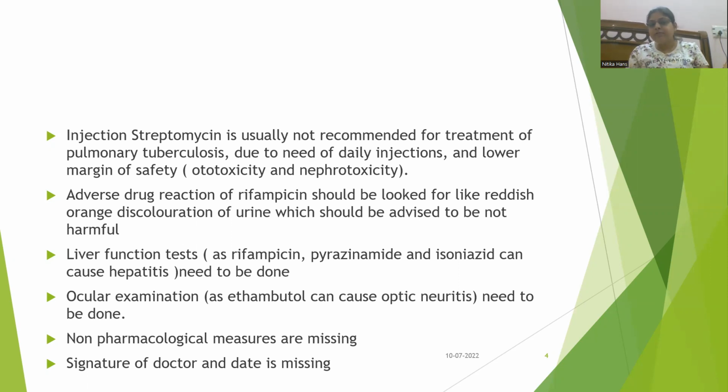Liver function tests have to be done because rifampicin, pyrazinamide and isoniazid cause hepatitis. Ocular examination has to be done because optic neuritis is caused by ethambutol. Non-pharmacological measures like a protein-rich diet, and public and personal hygiene should be specified. Signature of doctor and date is missing.